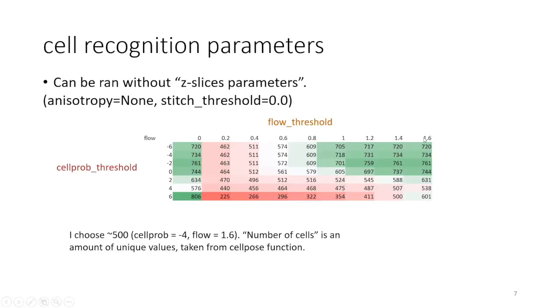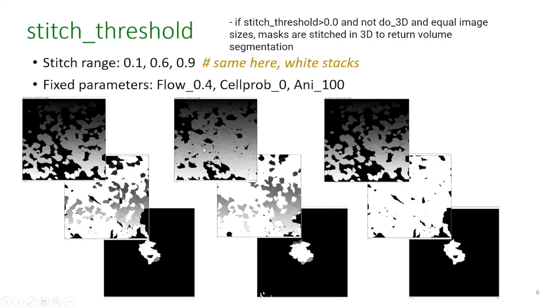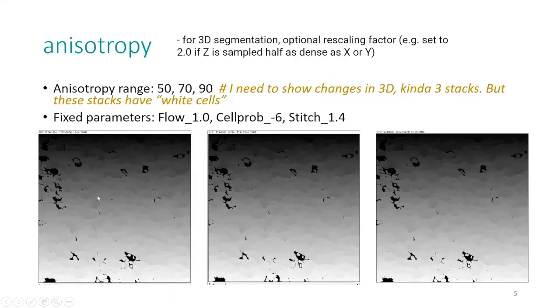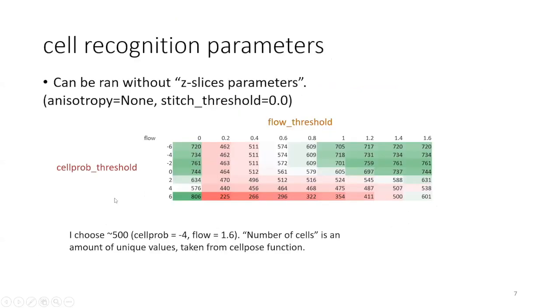Some large numbers are outliers, a lot of noise, these small cells that we aren't interested in.